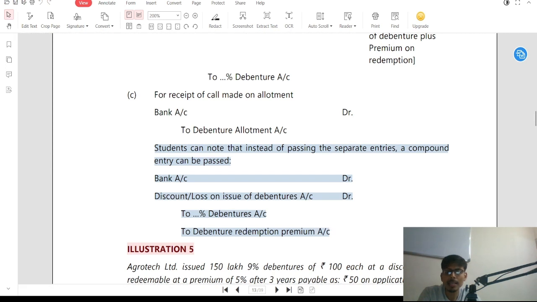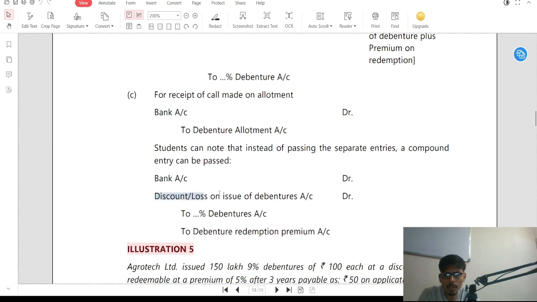Like in the last case, in the debit portion we showed only the premium amount at the time of redemption, but here we are going to show two things: the discount plus premium both, and the discount should be adjusted against the bank. Let's take an example and make it much clearer.